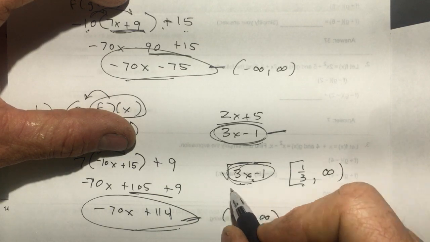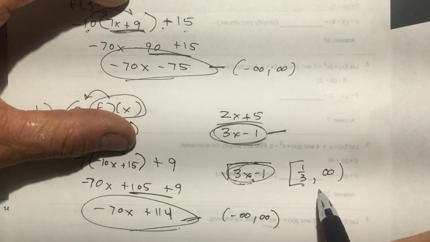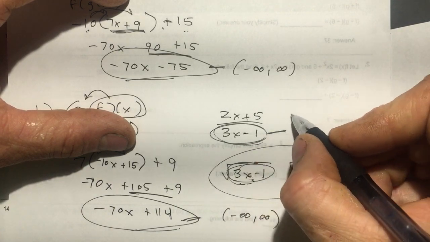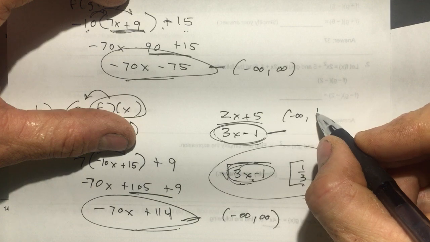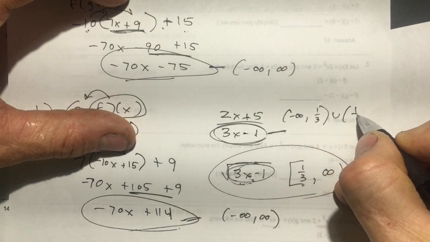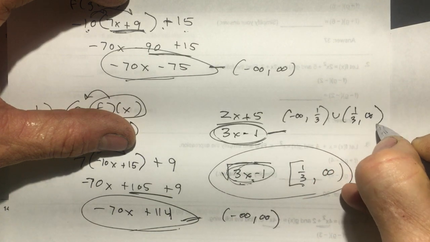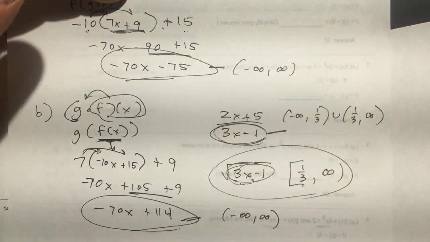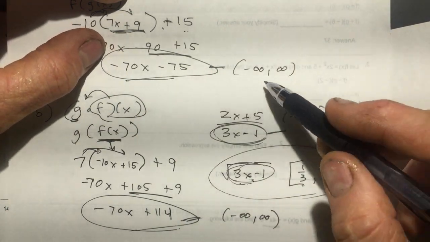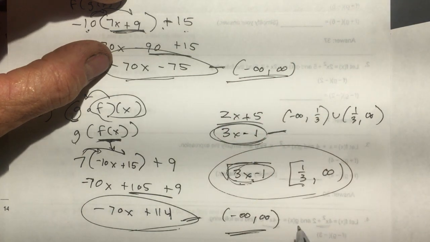So that would be your domain for something like this. Here you have to exclude that value, so that'd be negative infinity to positive 1/3, and then 1/3 to infinity, like we did just a few minutes ago. But with this problem, there are no restrictions, so this would be my domain for these two.